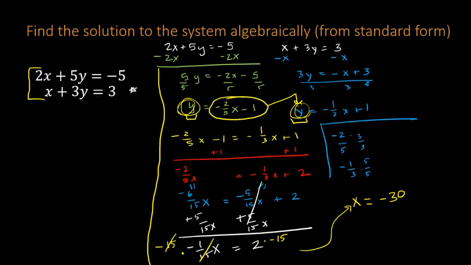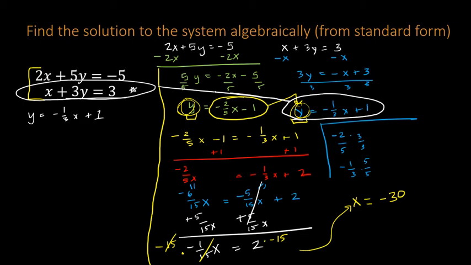So because of that, this time I'm going to plug into not this x plus 3y equals 2, I'm going to plug into its equivalent equation that I've rewritten in slope-intercept form, which is this guy, y equals negative 1/3 x plus 1. These are the same equations, right? I just rewrote one in a different form. One's in standard form, one's in slope-intercept. Again, I think it's just easier to deal with them in slope-intercept form when you're double checking or when you're solving for a y value.